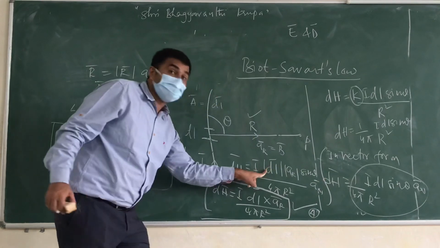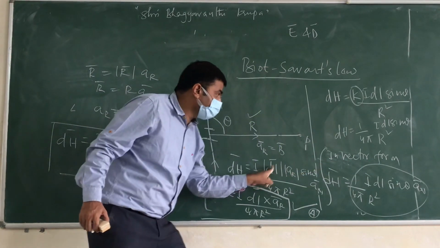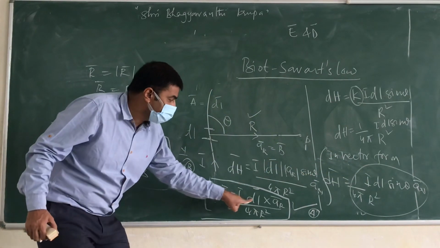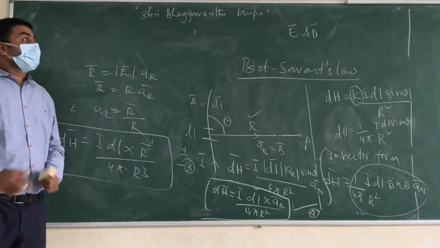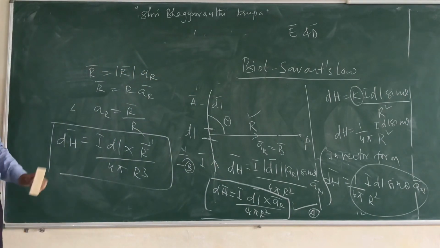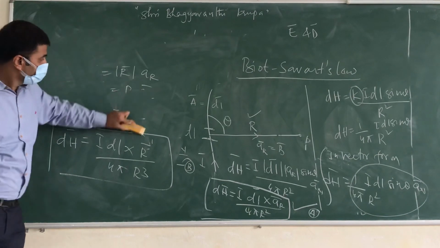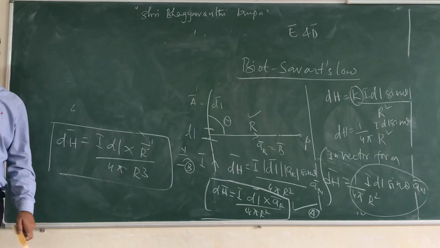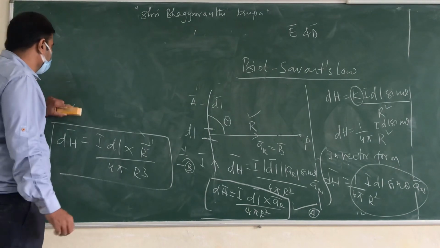And this into this? The magnitude of aR is 1. The magnitude of dL is dL. Then this expression we wrote in terms of dL bar and aR bar. Is it clear? Yes. Then the total magnetic field intensity due to the entire conductor is given by.